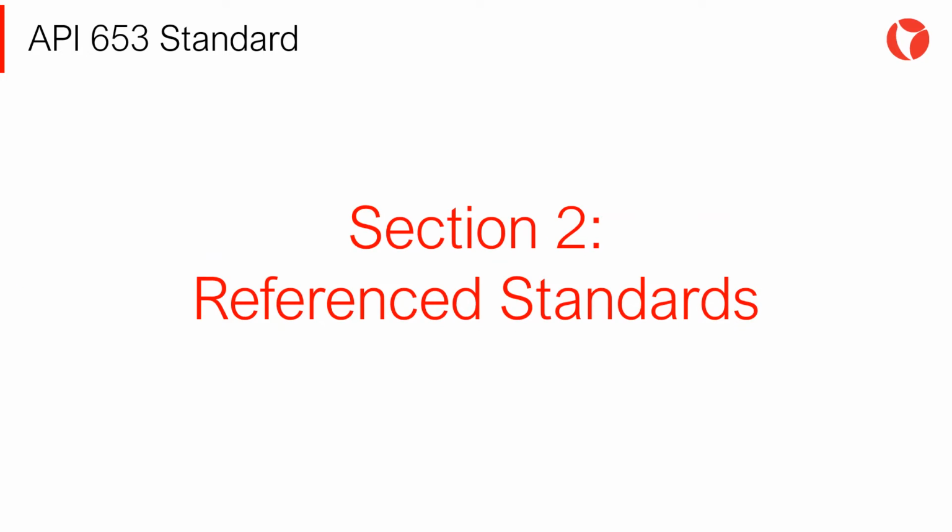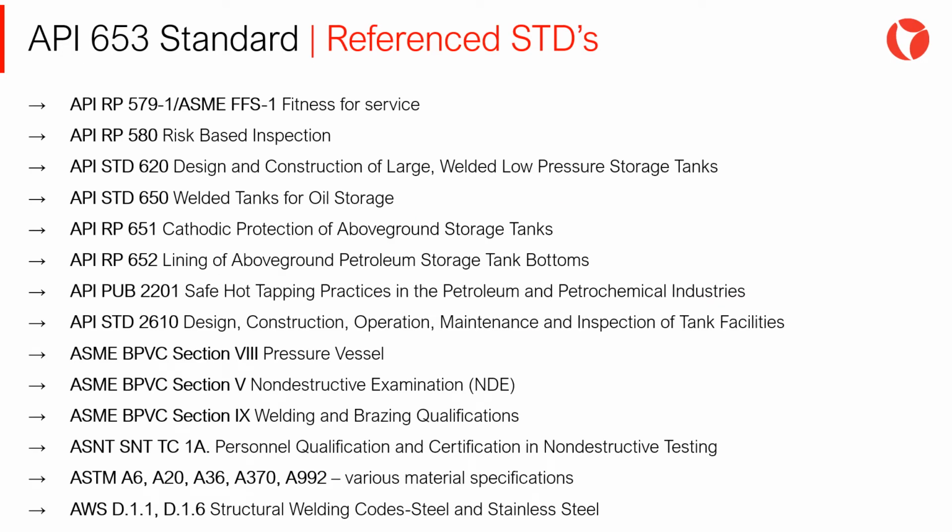Section 2. Reference Standards. Codes and standards are normally referenced to other standards or codes. The API 653 is no exception to that rule, and the reference standards contained are varied and numerous at the same time. On the screen, we can see highlighted in red the most important ones.